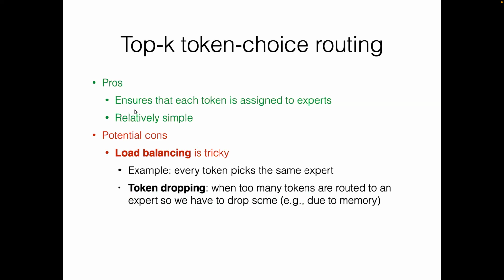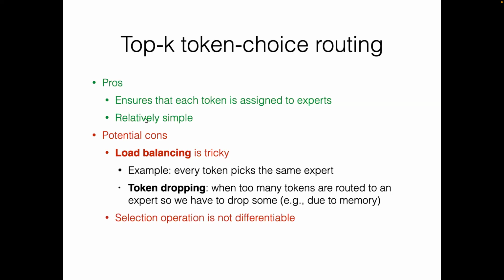The pros are that this ensures that each token is assigned to an expert. But as we saw, depending on your implementation, sometimes you can have this notion of token dropping. And the more general problem is that load balancing is tricky. So even if you're not dropping tokens, you want to make sure that all of your devices are being used optimally.